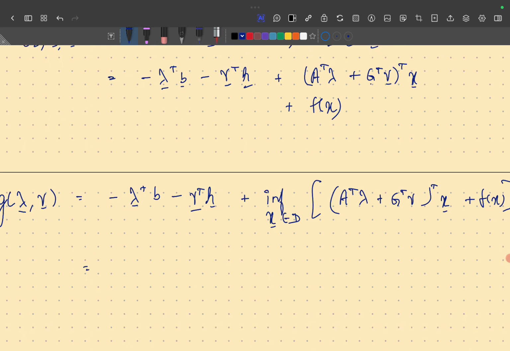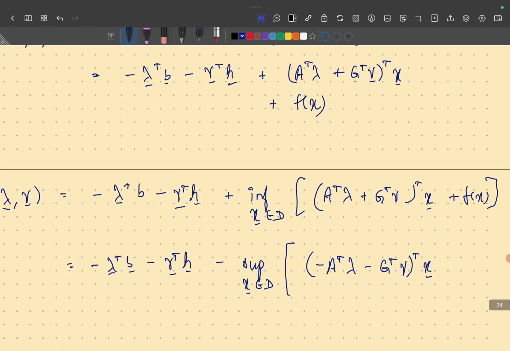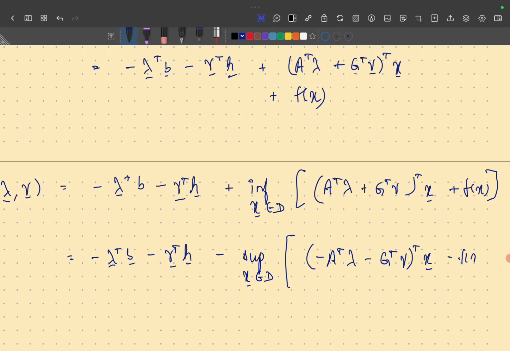So this is equal to minus lambda transpose b minus nu transpose h minus the supremum over x in D. I just introduced two negative signs, one before the supremum and one after, of (minus A transpose lambda minus G transpose nu) transpose x minus f of x.